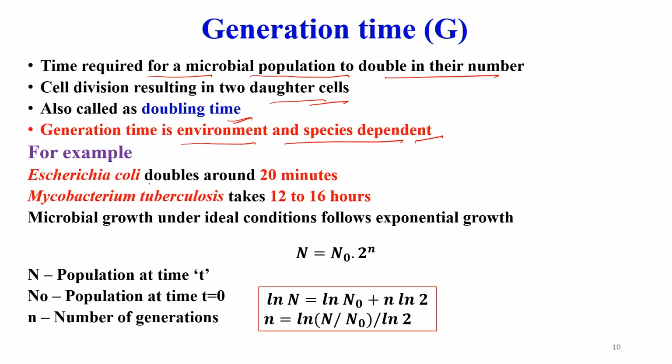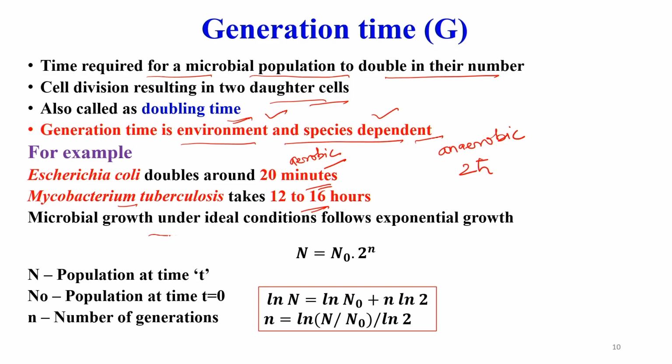For example, E. coli has a doubling time of 20 minutes, while Mycobacterium has a doubling time of 12 to 16 hours. Further, for E. coli in aerobic condition, its doubling time is 20 minutes, but in anaerobic condition, it becomes close to 2 hours. So, generation time is dependent on environmental factors and species.